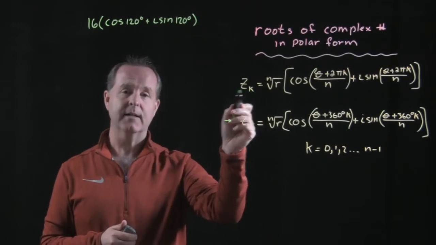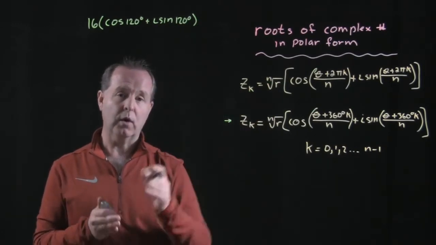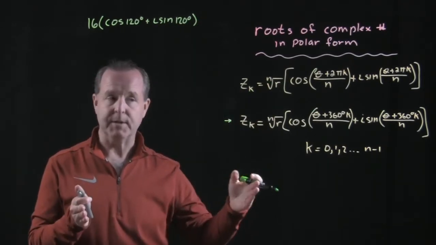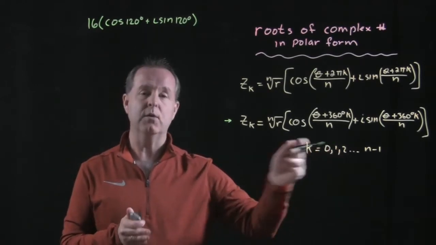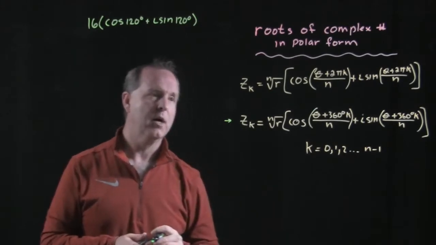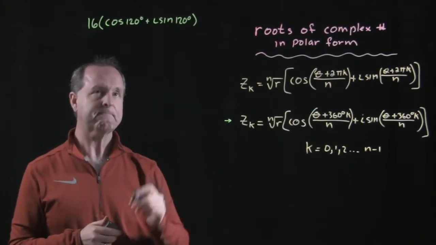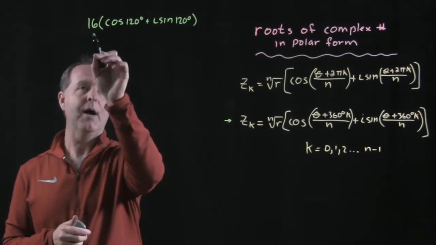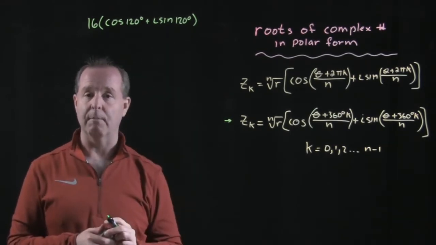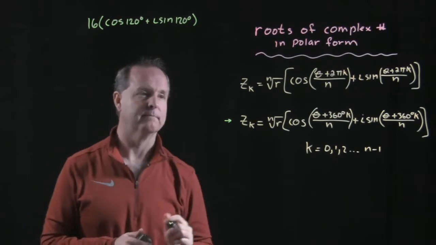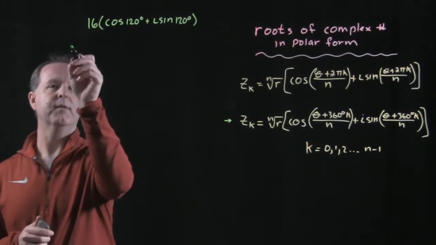And then our k's, if there's four roots, we're going to be looking for four options. So k will begin with 0 as being our first one, 1, 2, and so forth until we get down to 4 minus 1, which is 3. So in this particular case, I want to look for the fourth roots of this particular complex number written in polar form. So let me show you how I would do that.